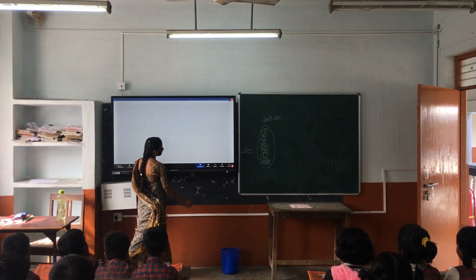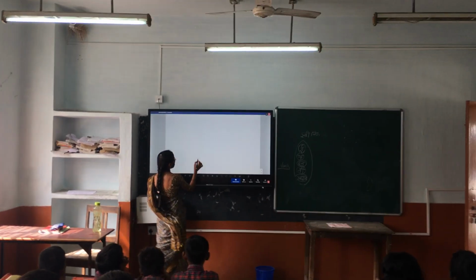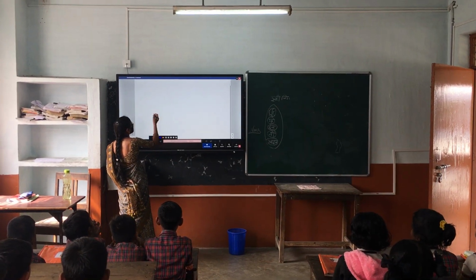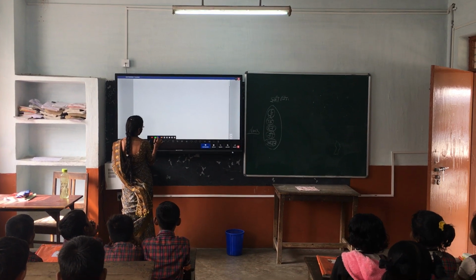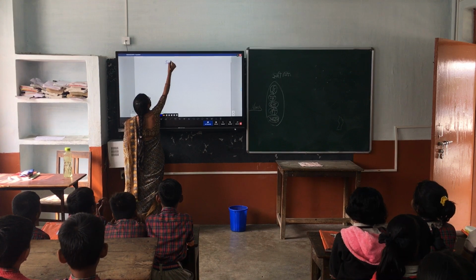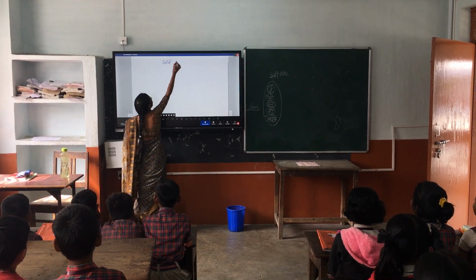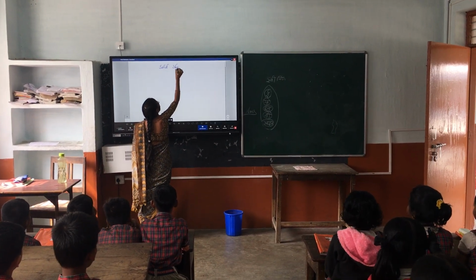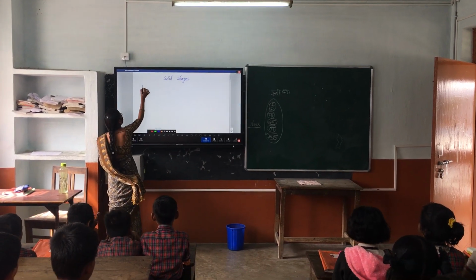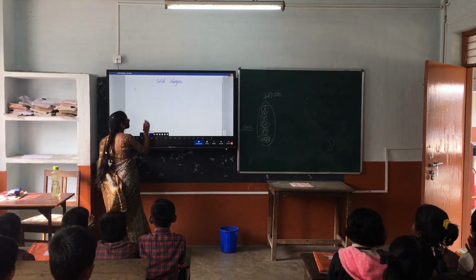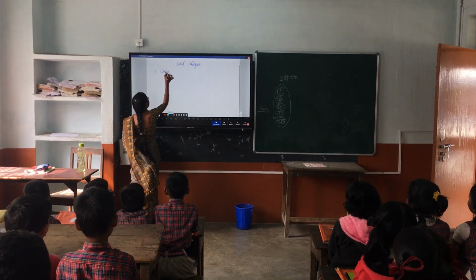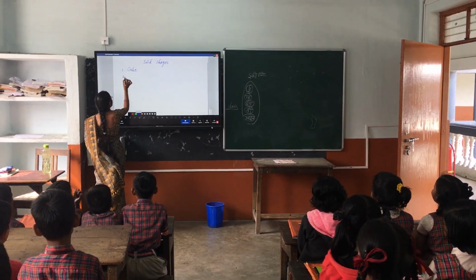Okay. Till now, about which shapes have we discussed? 3D shapes. What are they? Solid shapes. First shape is cube. We have discussed about cube. And second one?